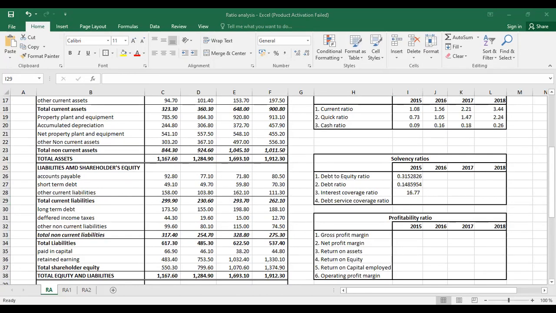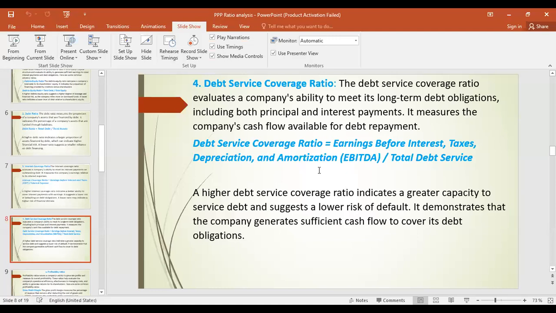Let me bring in the file. The debt service ratio, as you can see here, the debt service coverage ratio equals the earnings before interest, tax, depreciation, and amortization over total debt service.